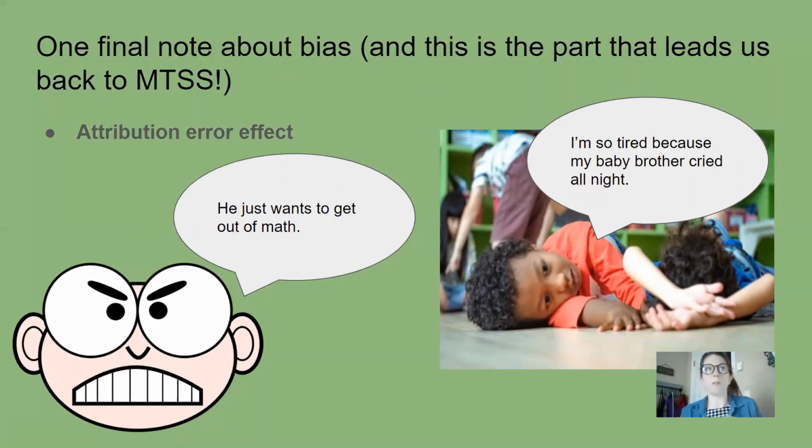So for example, if I'm always late to a meeting, you might say, well, she's disorganized and she's never on time, or she never has the right materials, or she never puts gas in her car, or whatever it is. And so you're liable to use an external reason to confirm that attribute of always being late or always being lazy or something like that, versus what might be happening.